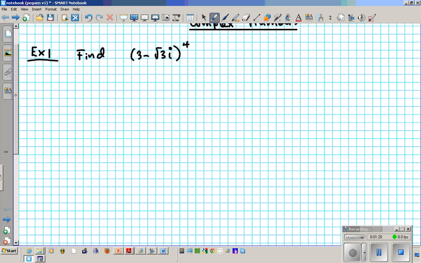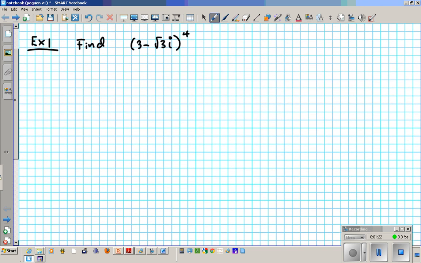Okay, so we're going to find this one using De Moivre's theorem. In order to use De Moivre's theorem, we need to have it in polar form first.